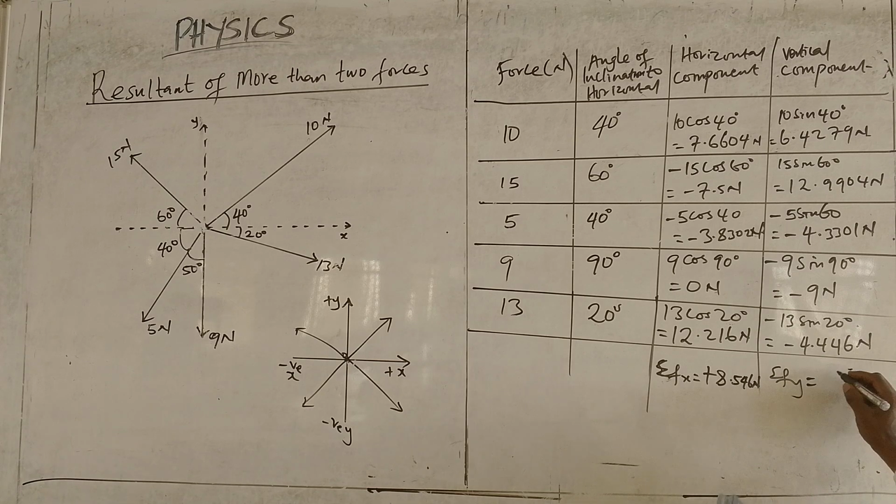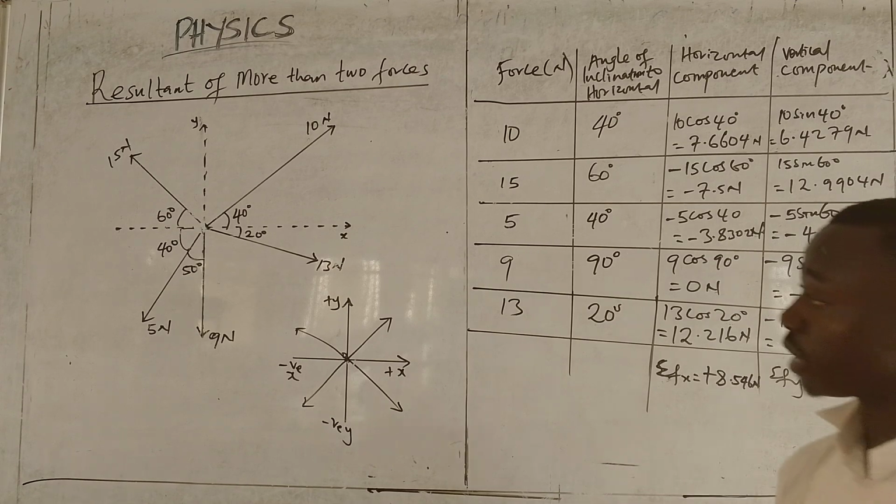That's 1.6418 Newton. So that's the effective value in the vertical direction. Now this one is also plus. So both of them are plus.